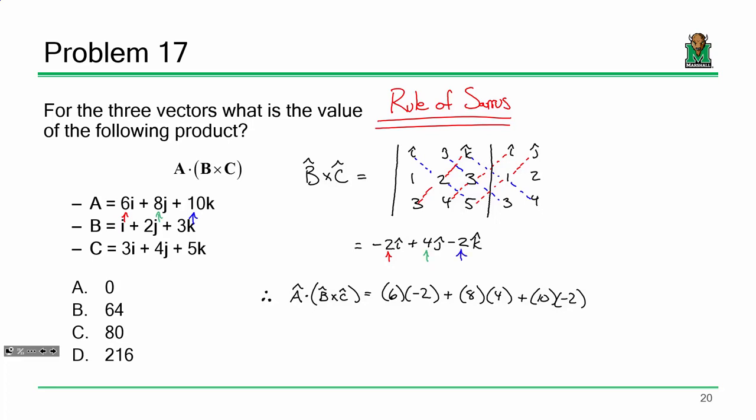See that? So, let's do some arithmetic. 6 times 2 is minus 12. 8 times 4 is 32. 10 times 2, negative 2, is minus 20. What's the answer? Zero. That was by design.